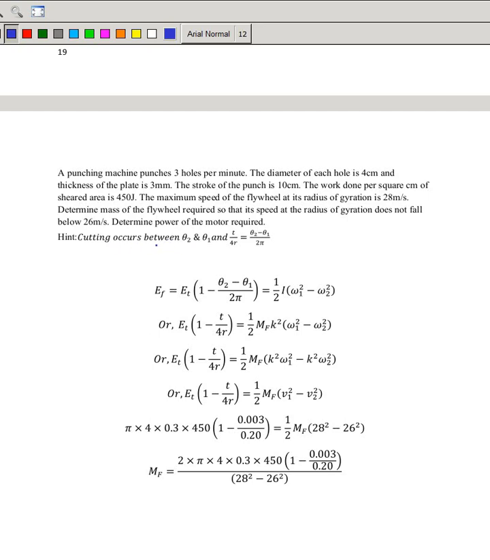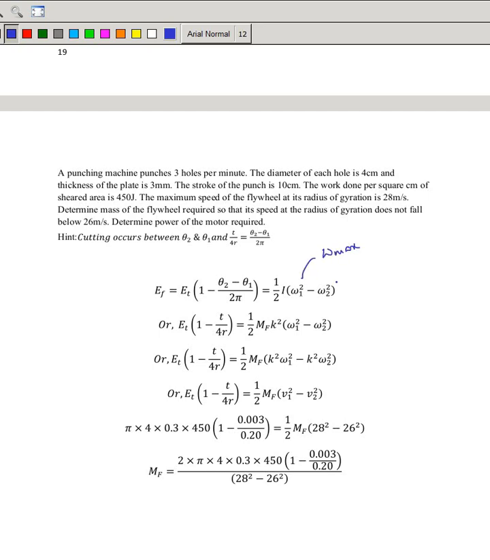Hint: cutting occurs between theta 2 and theta 1, and t by 4r is equal to theta 2 minus theta 1 by twice pi. So what is the fluctuation of energy? Fluctuation of energy is this, and this is half I times omega max squared minus omega min squared. So omega 1 is actually omega max.